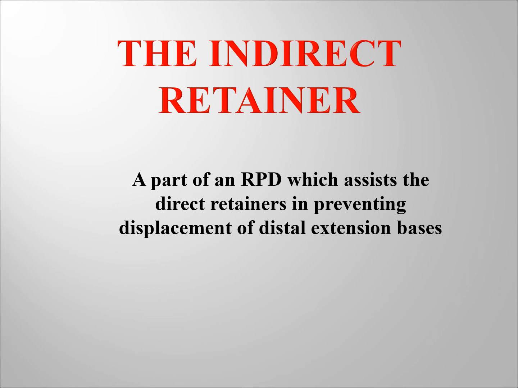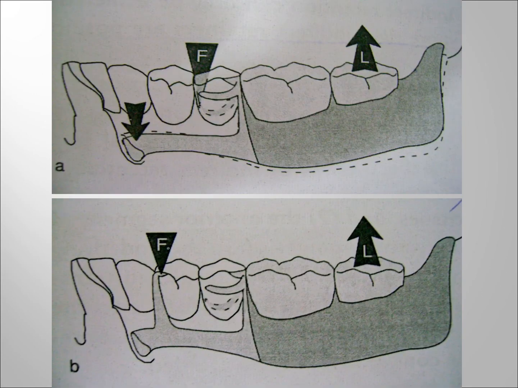If it is not there already within the design or provided by certain components in the prosthesis, you have to have an extra component added to provide indirect retention. And it is called indirect retention because it's different from the direct retainers that prevent the movement of the prosthesis away from teeth. This is a part of an RPD that assists the direct retainers in preventing displacement of distal extension bases. So it is actually a thing for distal extension prosthesis.